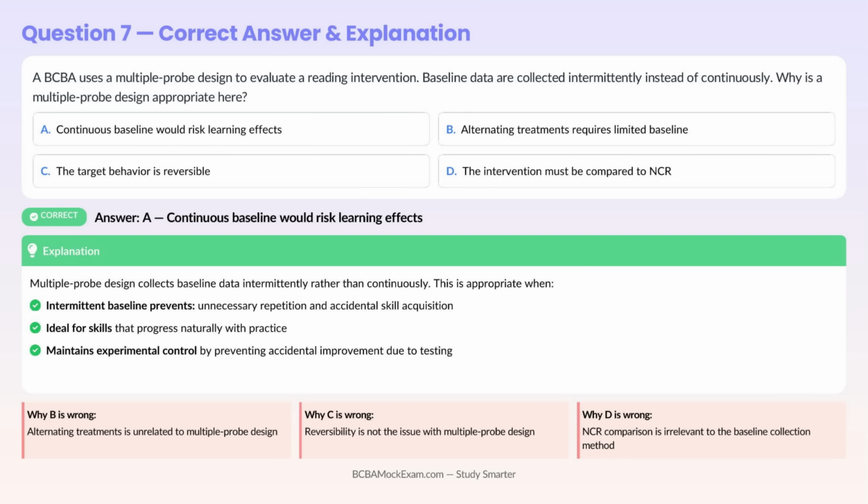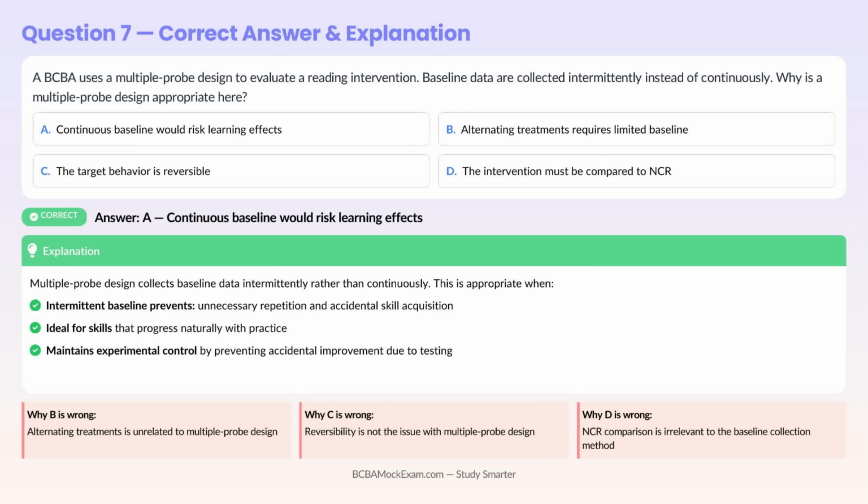The correct answer is A, continuous baseline would risk learning effects. Multiple probe designs are specifically useful when repeated measurement during baseline might accidentally teach the skill or improve performance. By collecting baseline intermittently, the BCBA reduces the chance of unnecessary repetition and accidental acquisition while still maintaining control.